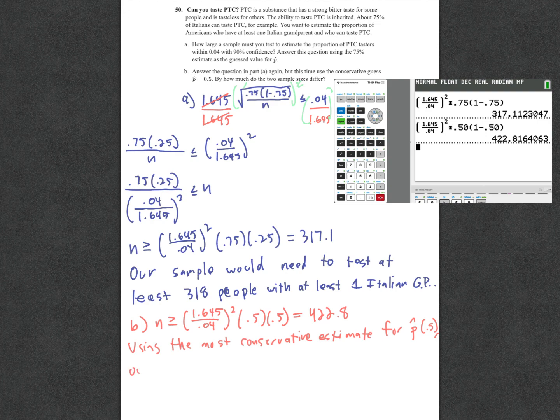Okay, our sample would need to test at least 423 people with at least one Italian grandparent.